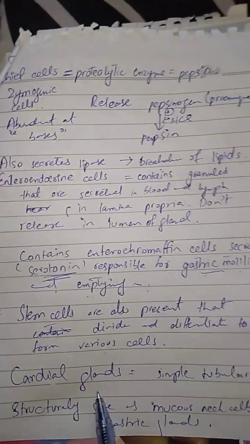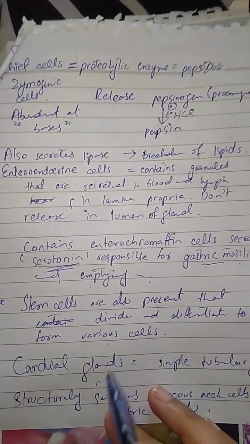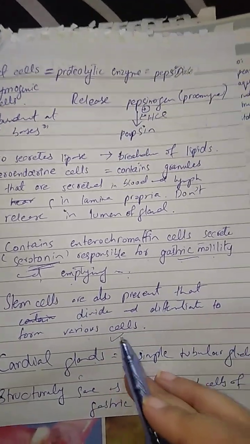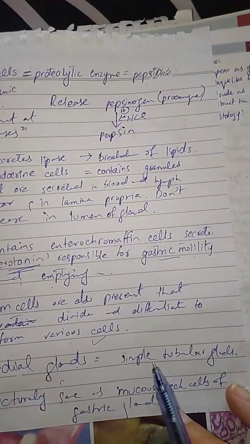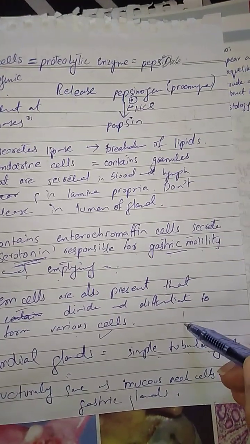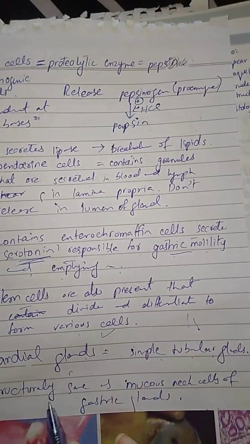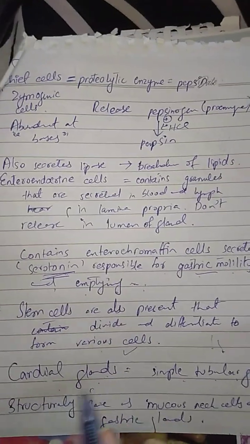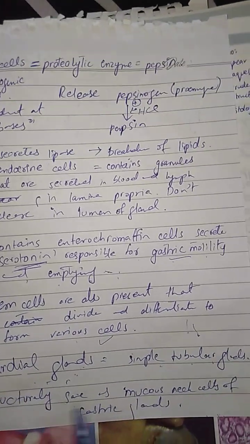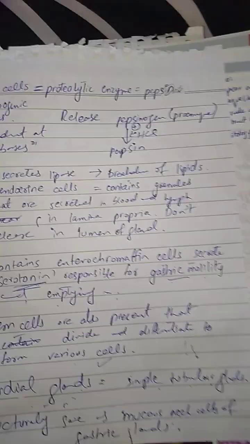Okay, coming to the next gland: I discussed the gastric gland. Now what is the other gland? It is the cardiac gland. Cardiac gland is a simple tubular gland that is located just at the inlet of the stomach. Now what is the structure? Cardiac gland consists of cells same as those of mucosal neck cells of gastric glands.